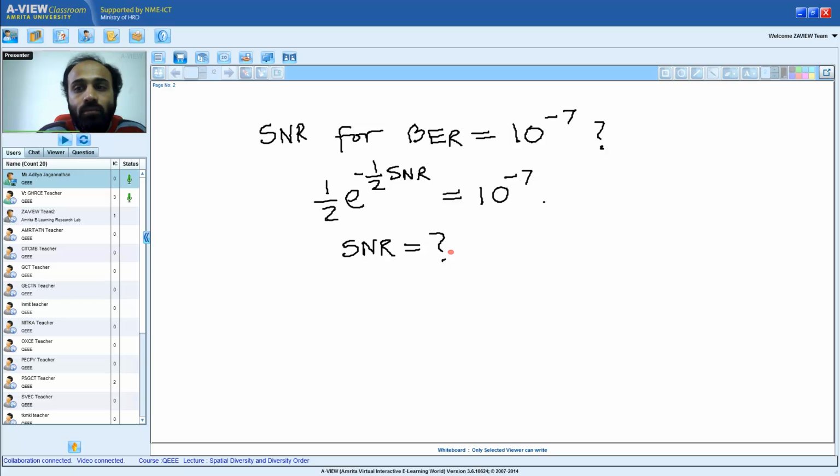Can all of you compute this value? What is the SNR value that is required for a bit error rate of 10 to the power of minus 7? Anyone has the answer?